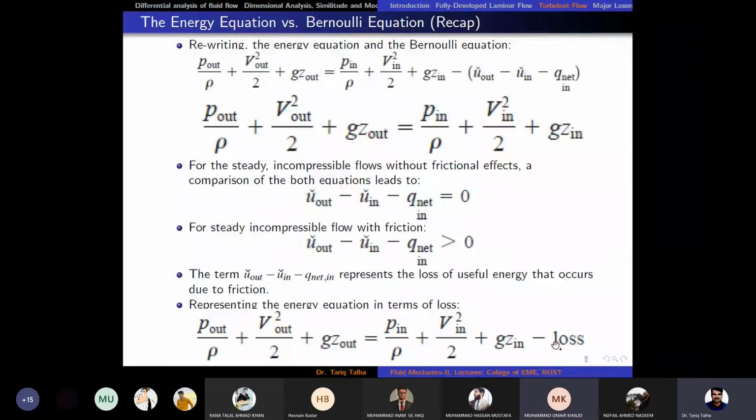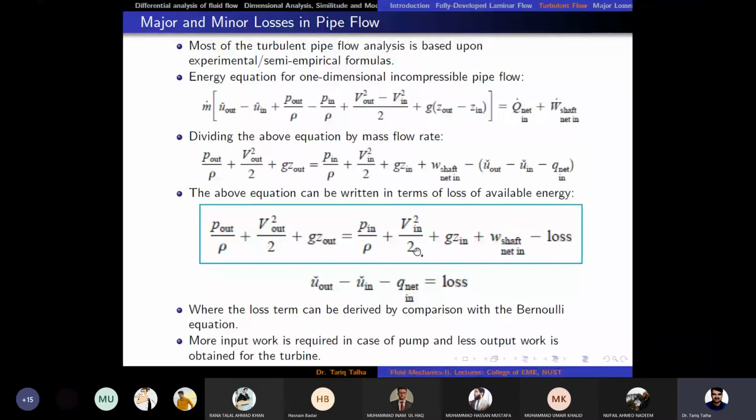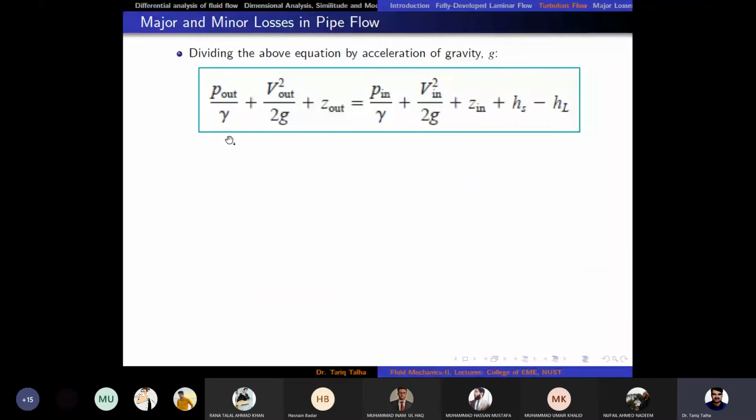Yes, sir. Okay, now if we divide this equation by the gravitational constant, then we can write it in terms of head. Now we have written the energy equation in the form of pressure head, velocity head, and elevation head.